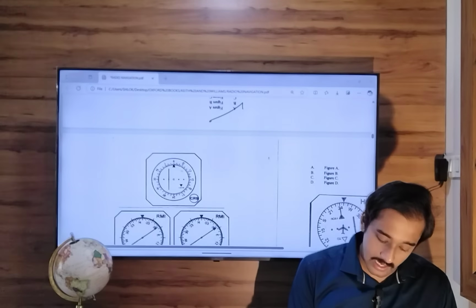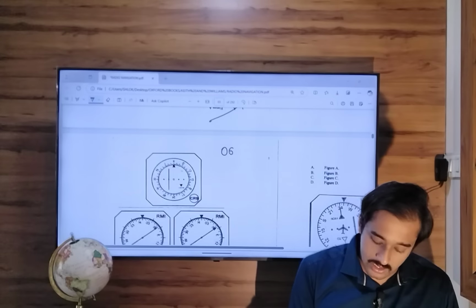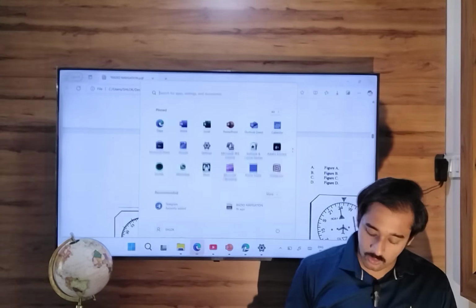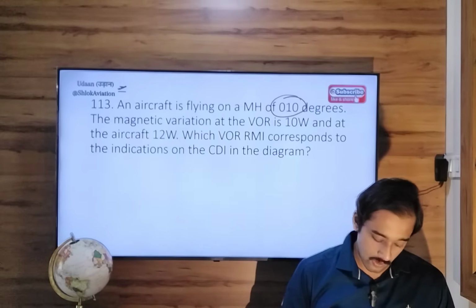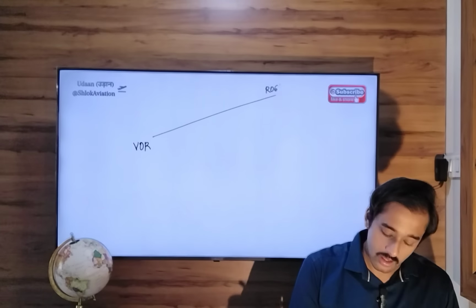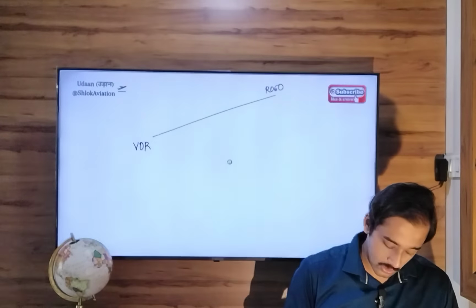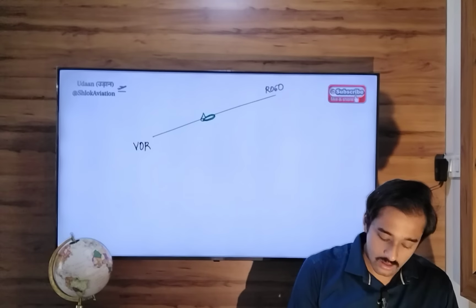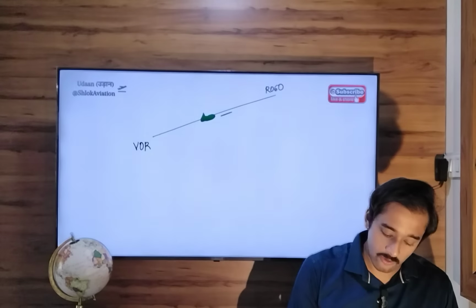The course you have selected is 060 with a from indication. So that means you intend to track away from the VOR station. This is your VOR station. This is radial 060 and you are going to fly outbound.